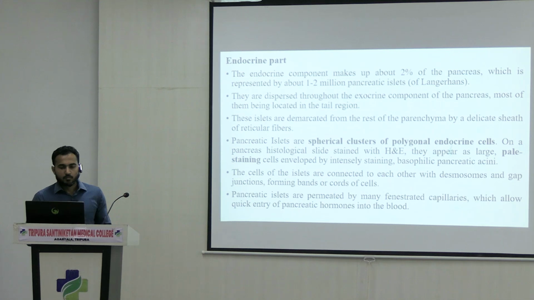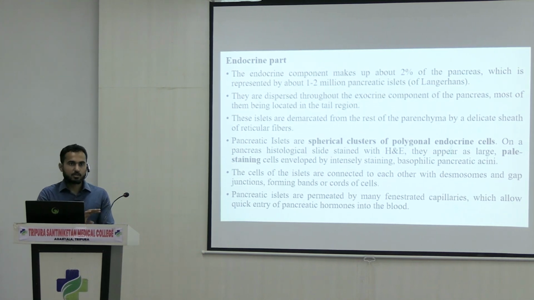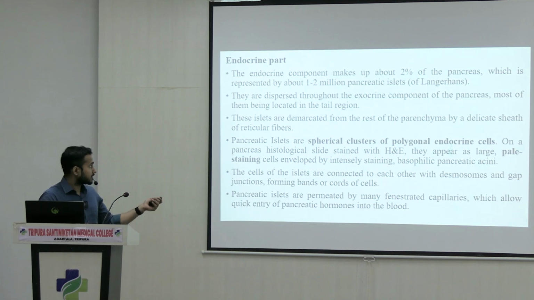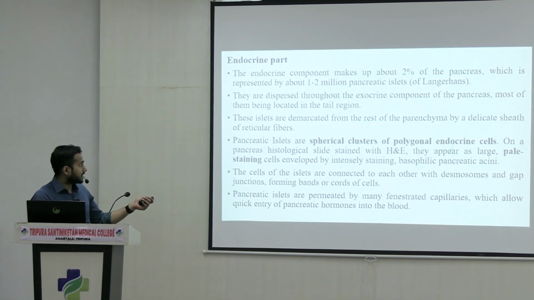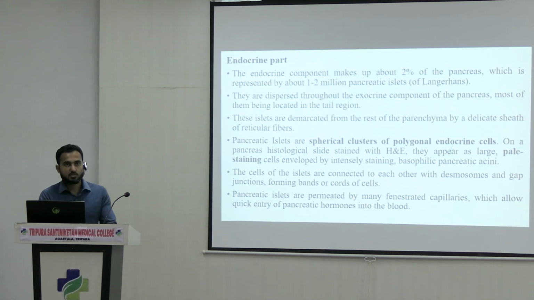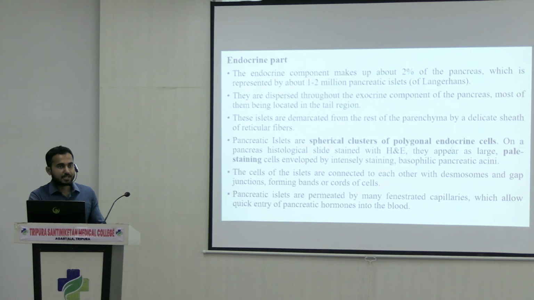Now, how will you demarcate the islets? This is very important. You have to differentiate the islets from the exocrine part. How will you differentiate it? They are demarcated from the rest of the parenchyma by a delicate sheath of reticular fibers. Next, the pancreatic islets are spherical clusters of polygonal endocrine cells.